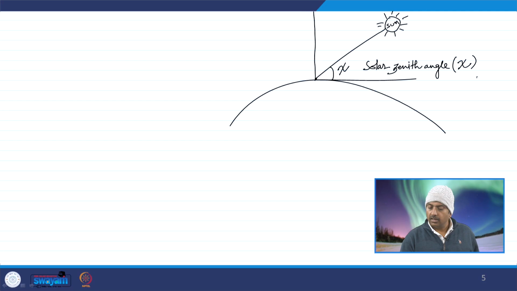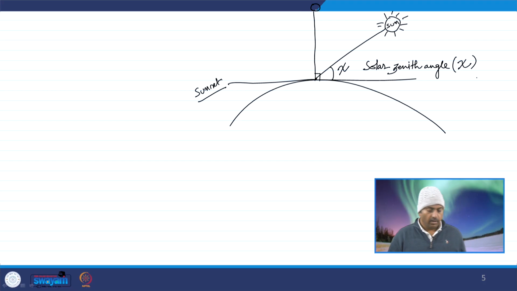Let us say sunrise is here, this is 90 degrees, and this is the sunset. Okay. So, at the time of sunrise it is 0, 180 at sunset, and exactly in the afternoon the solar zenith angle will be 90 degrees, right. So, this is the basic idea of Chapman's theory.